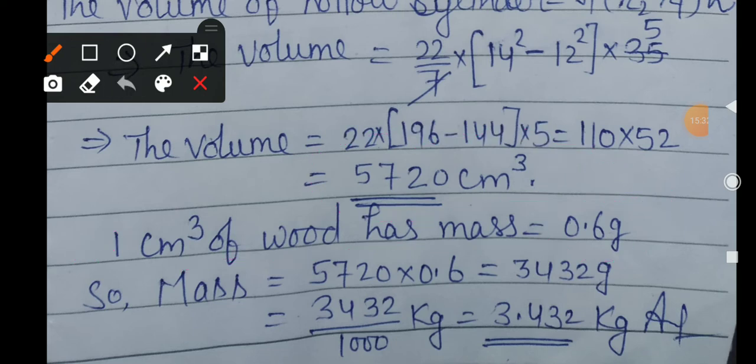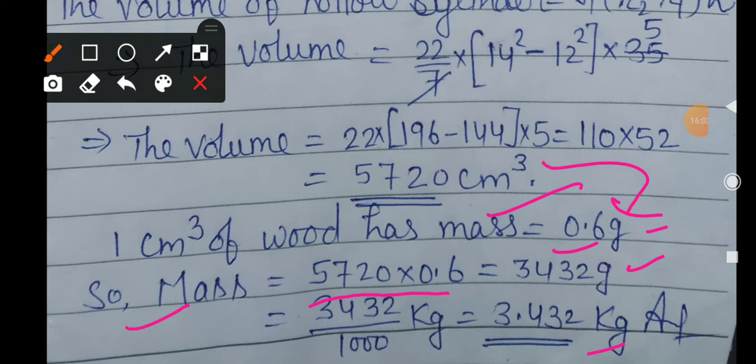What I mean to say is, you have to multiply with this, because the total volume is there and the mass of 1 unit is there, and then you multiply it. So after multiplying you get the total mass of that wood. So this value is 5720 into 0.6, and then you get 3432 gram, and this gram you have to convert into kg, and you very well know how to convert gram into kg.